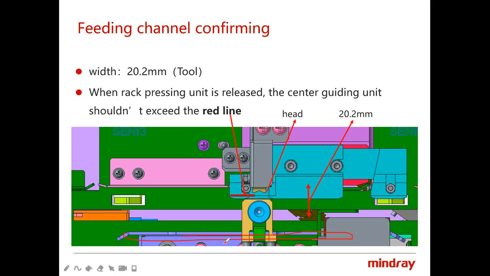The best size of the gap is that it can allow one rack and two pieces of A4 paper to go into this gap. Not too loose and not too tight.